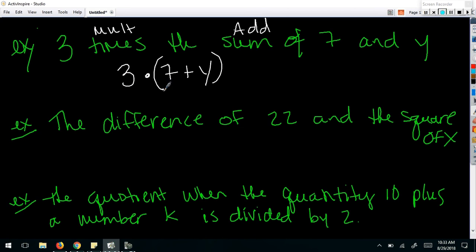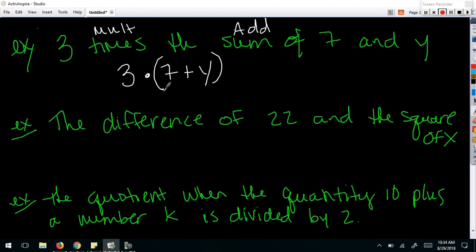I need to put these in parentheses because it's talking about the sum of these two, which means before I multiply it by anything, I need to add them together. If you did 7 plus y times 3, that's fine. It doesn't matter.